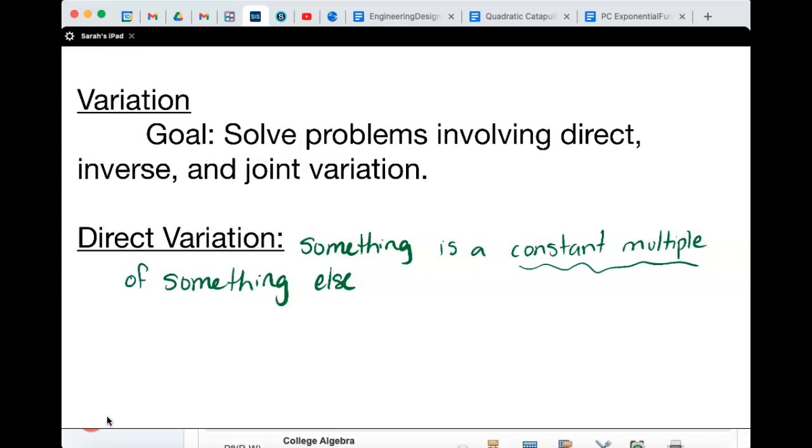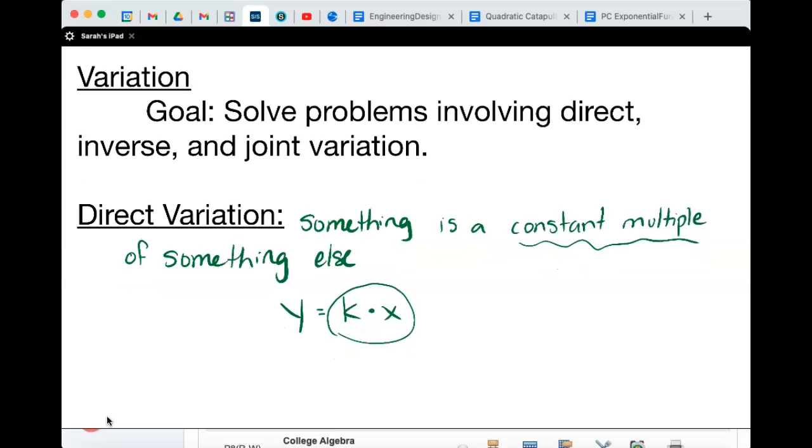So basically this is saying y equals k times x. So this is where the constant multiple comes in, k times x. So k is our constant. We're multiplying it to our x value, which is our independent variable. We can change it. Y is dependent.